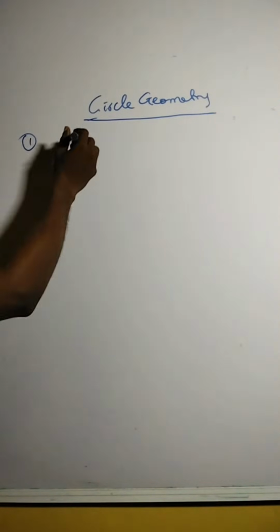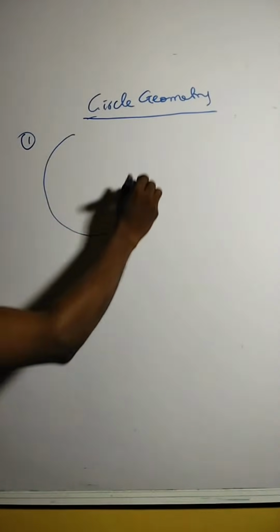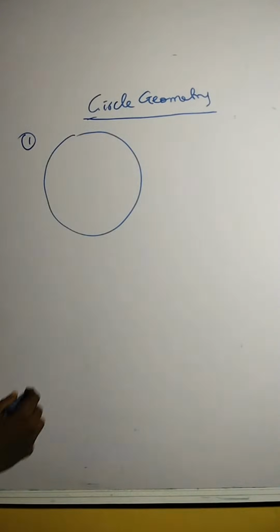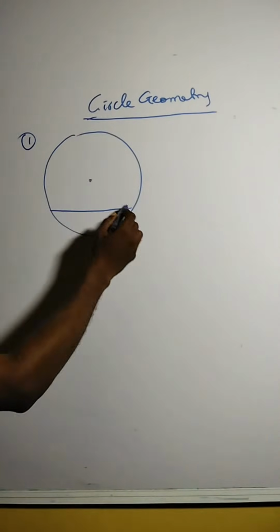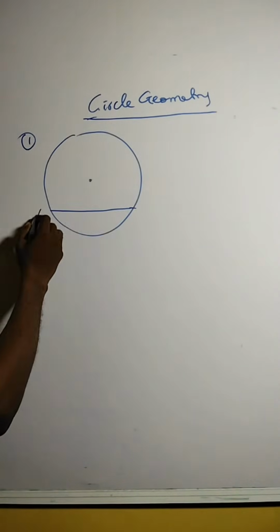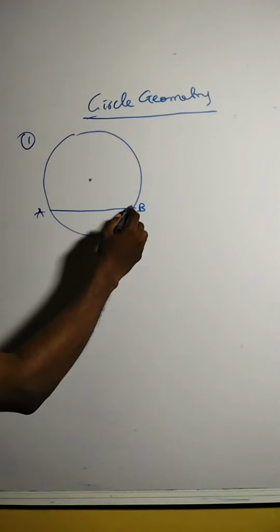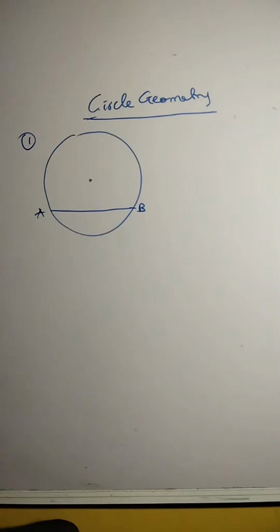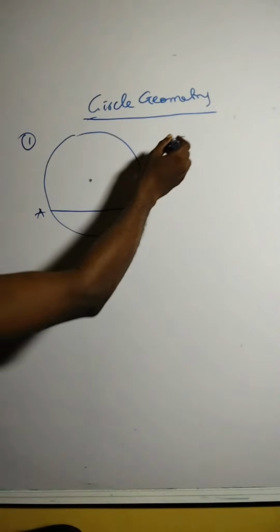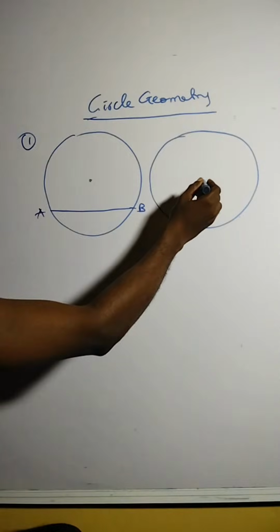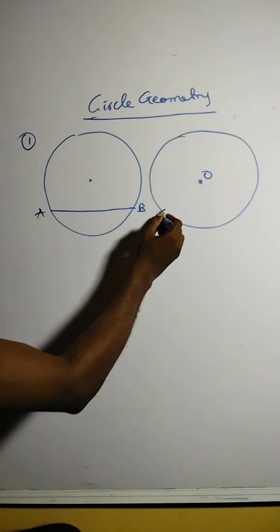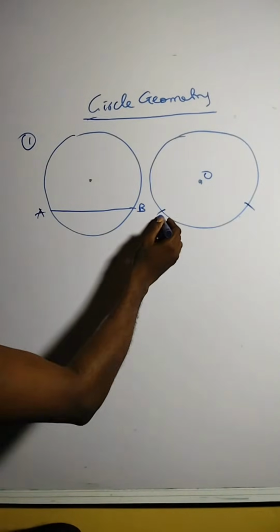So when we have a circle with center O, we have a chord AB. If we are not talking about a chord, we might be referring to an arc, let's say this is an arc AB.